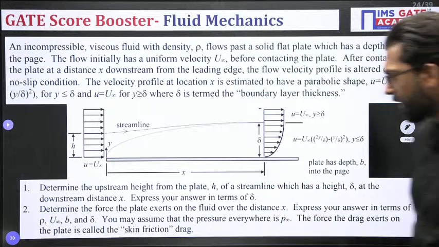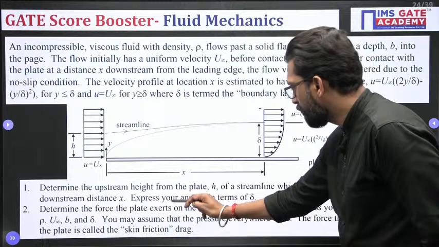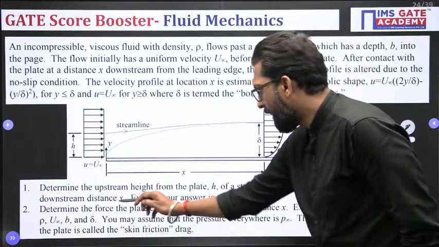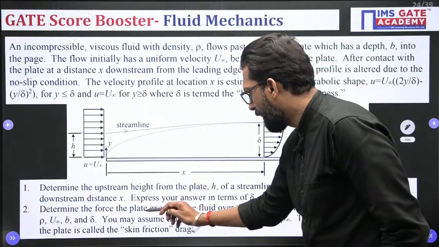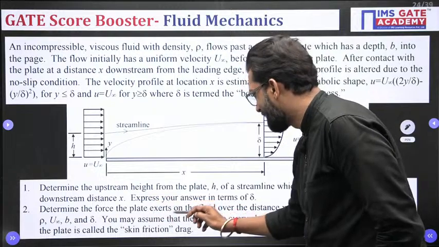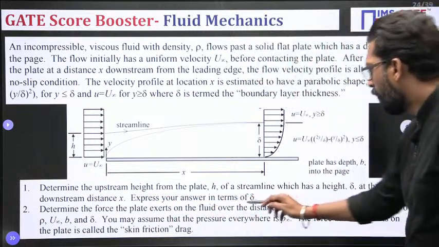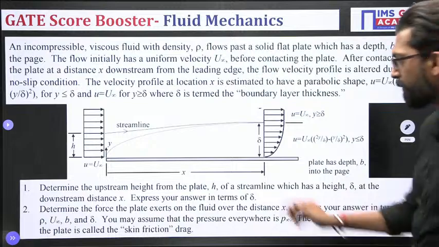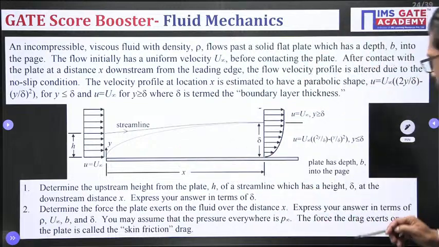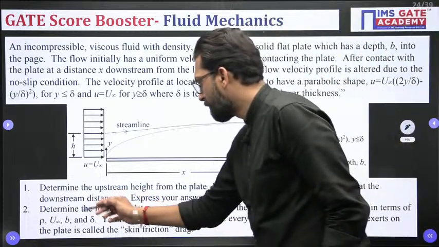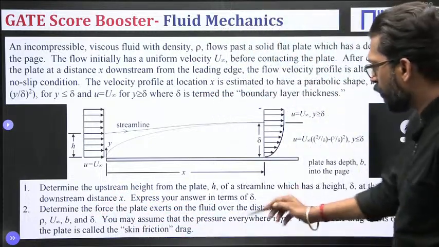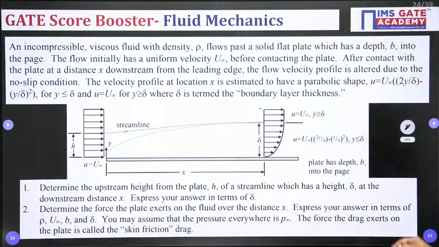Now second, determine the force the plate exerts on the fluid over the distance x. That means you also have to determine the force. Express your answer in terms of rho, u infinity, b and delta. You may assume that the pressure everywhere is P infinity.